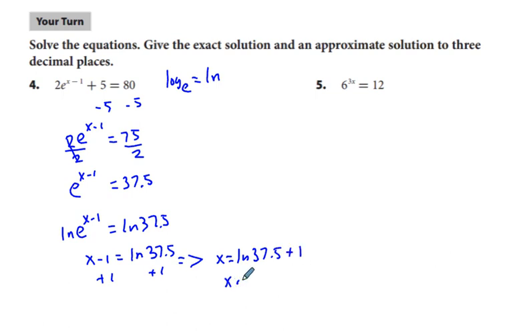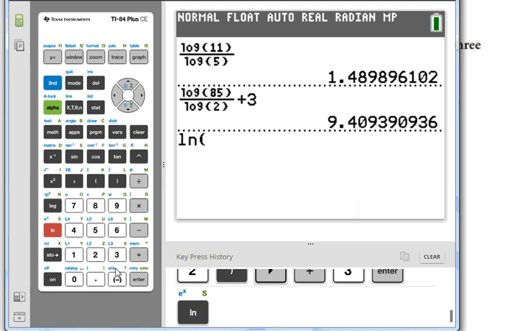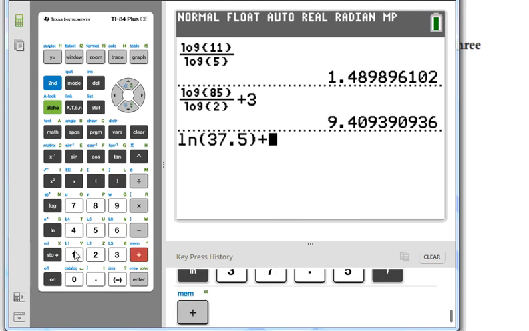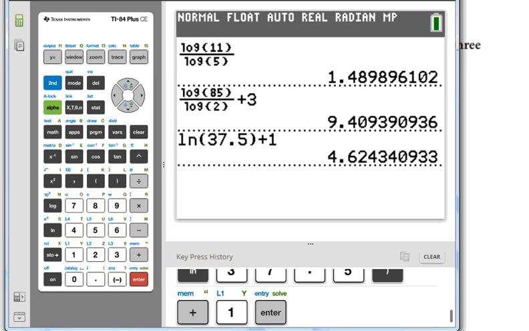So x is going to be approximately equal to, go to our calculator. Well, that's an exact answer right there. But to put these terms together, I would just put them in the calculator like this. We go to natural logarithm of 37.5 plus 1. So about 6.42 or 6.424.